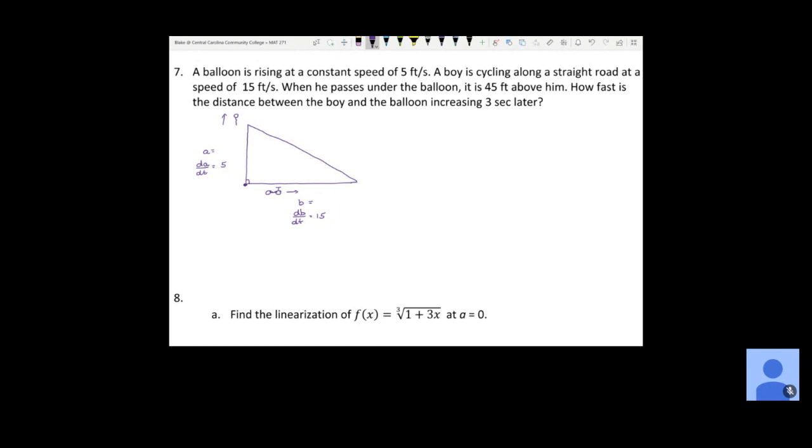Three more seconds, right? So A in this case is going to be 45 plus however far it's traveled in those extra 3 seconds. How can we figure out how much further the balloon has traveled now in those extra 3 seconds?